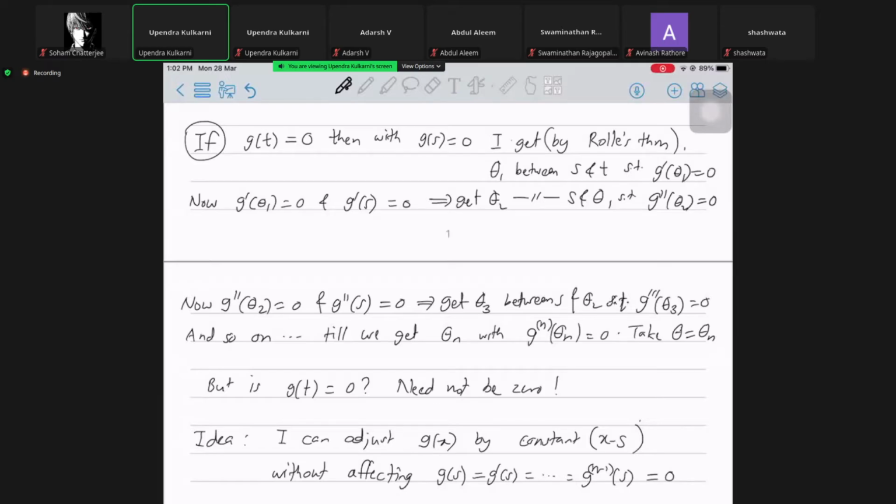And you see, do I want a high power of x minus s here or a low power? High power. Because the point is I want to match this at s. If I take a high power, then even after taking m minus 1 derivatives, some power of x minus s will be left. So if I plug in s for x, I will still get 0. So by a constant, and the minimum power of x minus s that will work is going to be precisely m.